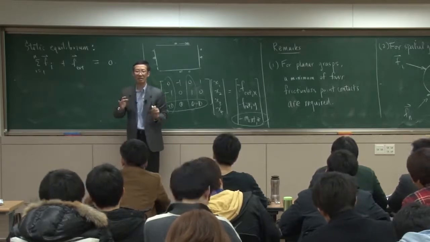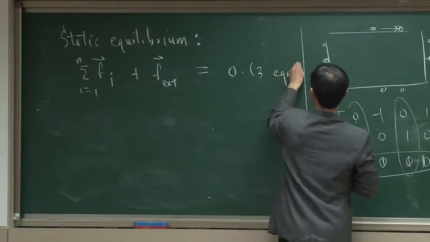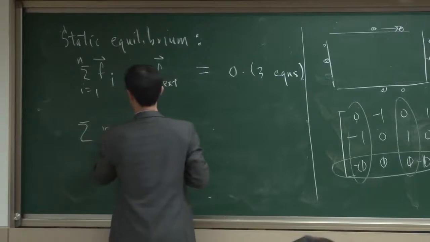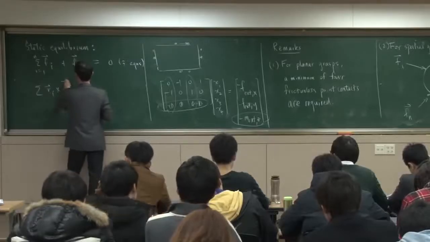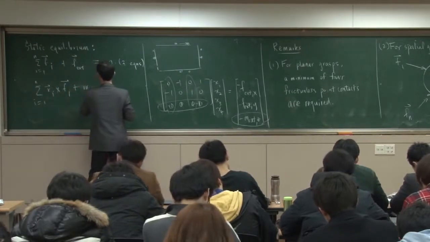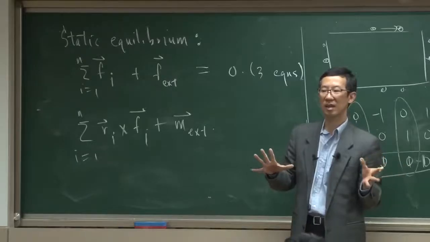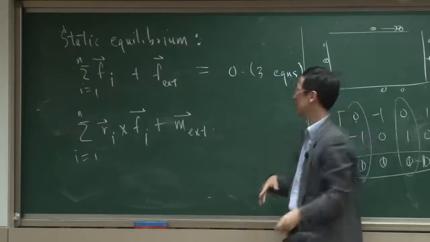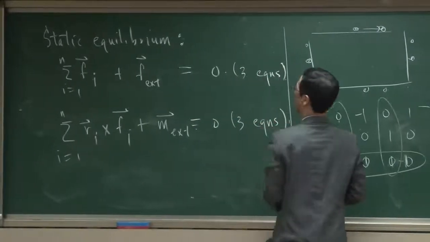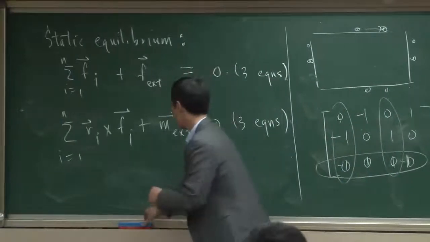How many equations? 3 equations. Sum of the moments, Ri cross Fi, i from 1 through n, plus external moment. This time the moments are 3-dimensional, because now we're working in 3-dimensional space. This has to equal 0, so 3 equations. So for static equilibrium, we have 6 equations total.